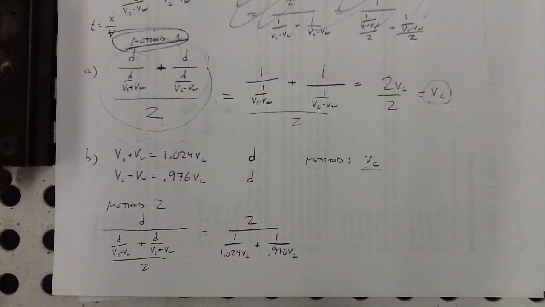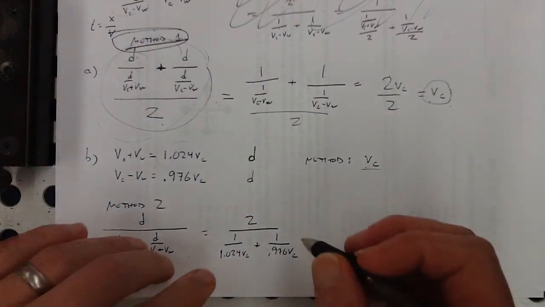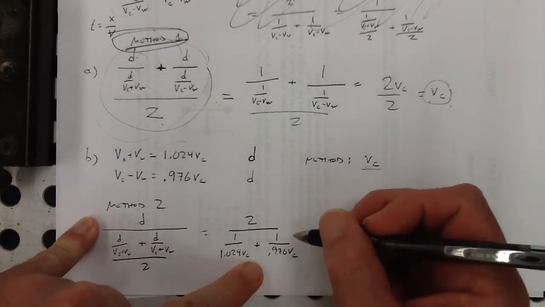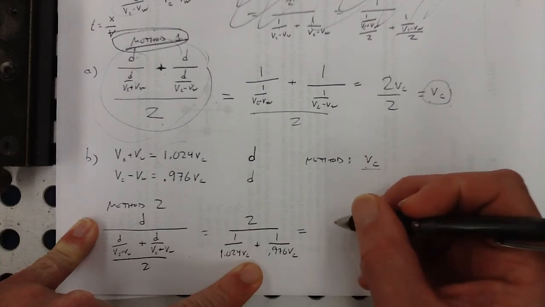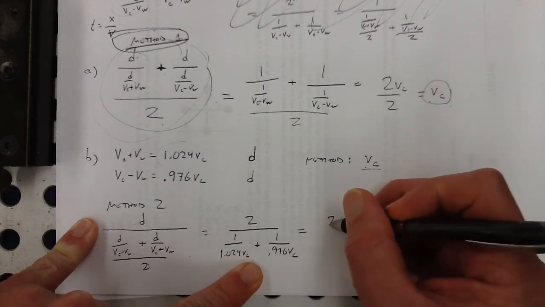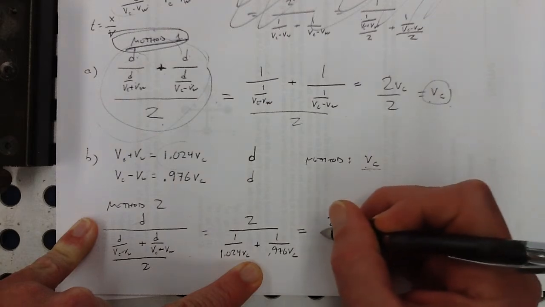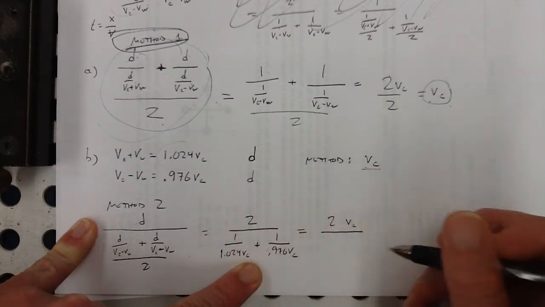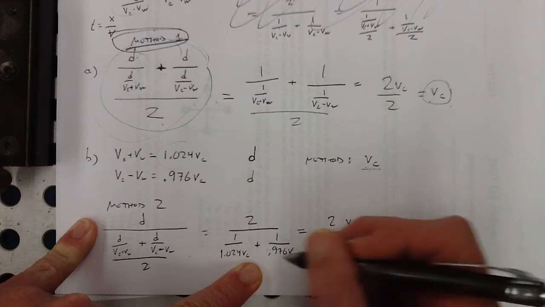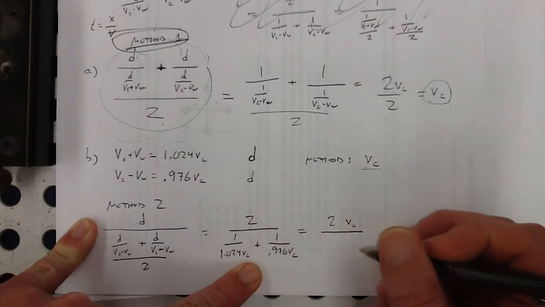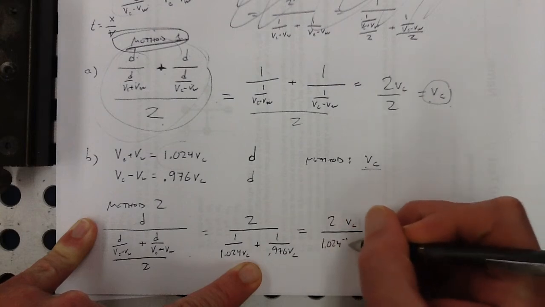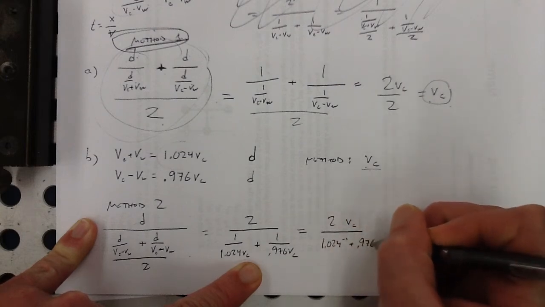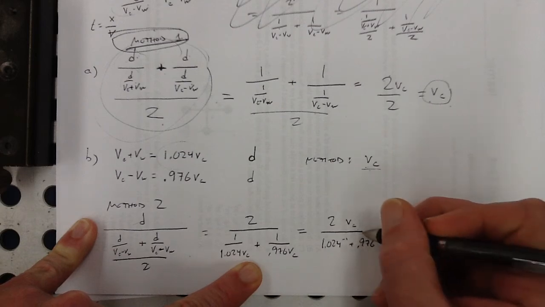So let's see what I need to do here. If I multiply the top and the bottom by VC, then I have 2 VC over, and then I'm adding these two things. I've removed these denominators and moved the VC up to there. So I just have 1.024 to the negative 1 plus 0.976 to the negative 1.